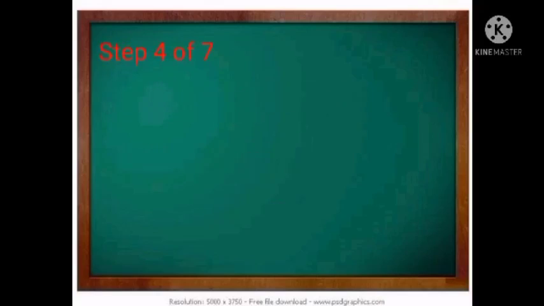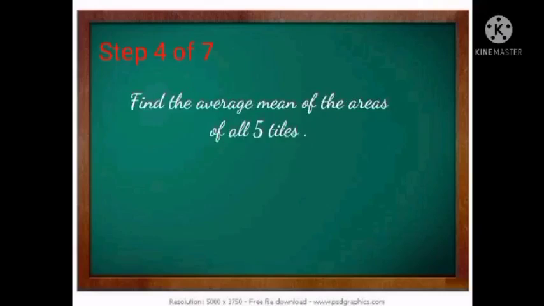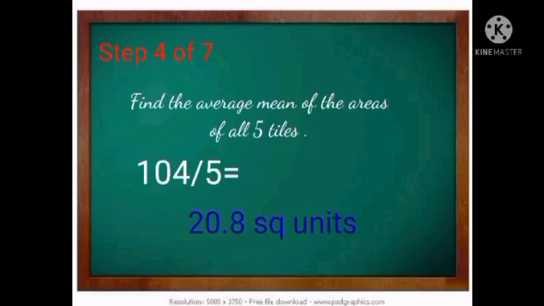Step 4 of 7. Find the average, or mean, of the areas of all 5 tiles. To get the average, divide the sum of all areas of the tiles by 5. 104 divided by 5 is equal to 20.8 square units.